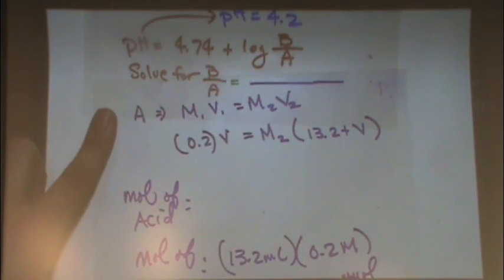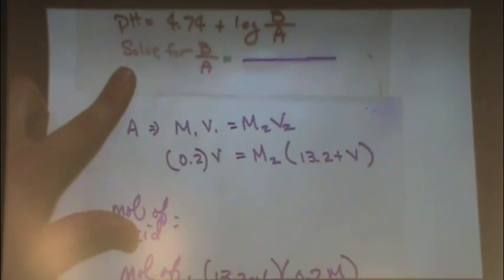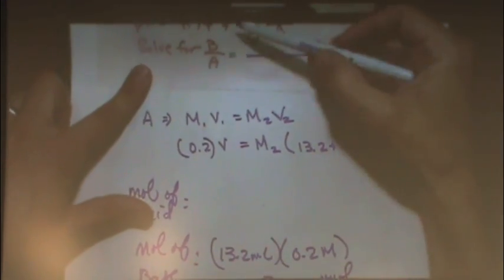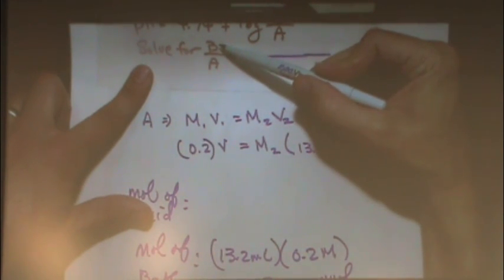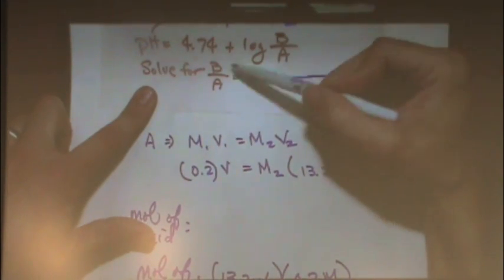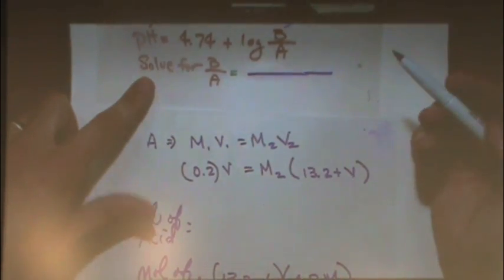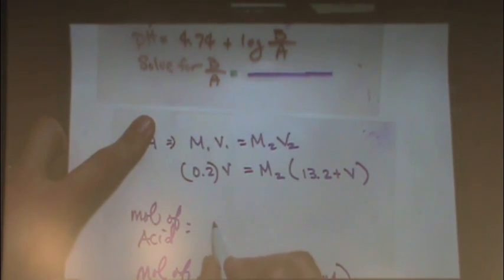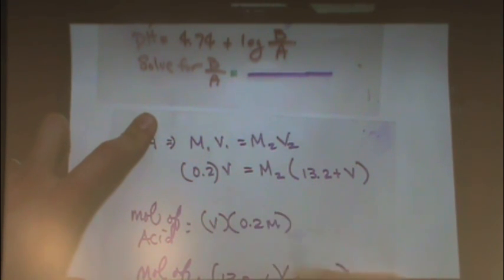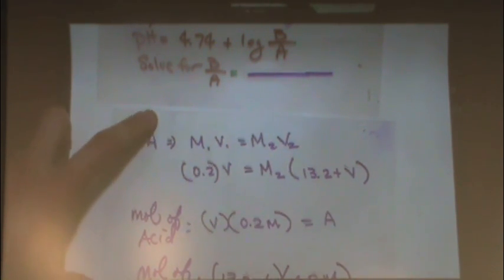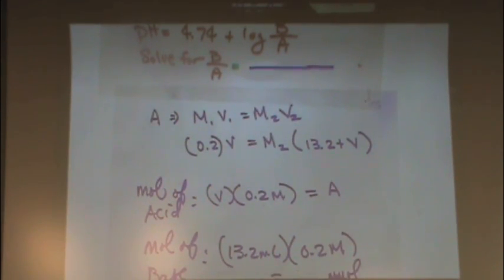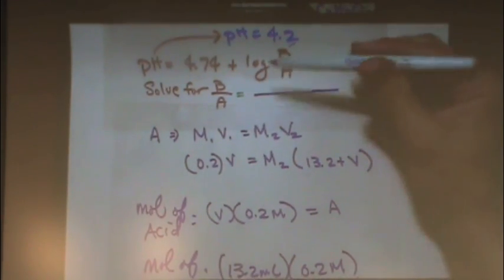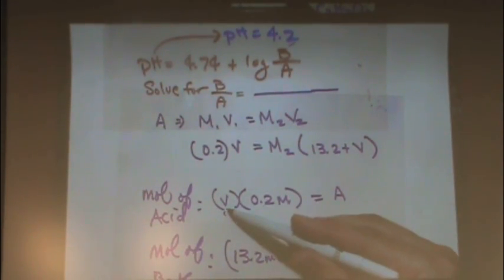So this will be B. That will allow you to find A. And then the moles of the acid is going to be the unknown volume times 0.2 molar, and this will equal A. So you're going to use this answer, put it in B, solve for A, and then solve for volume.